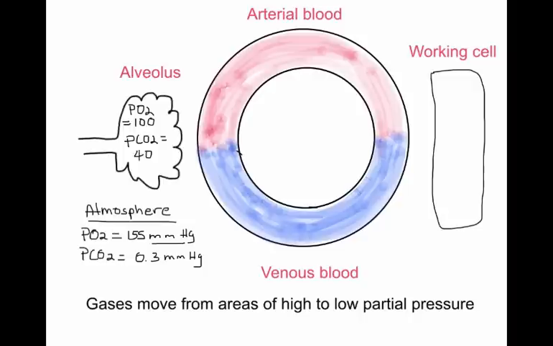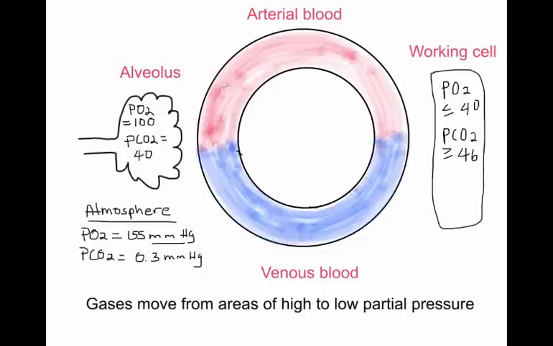But of course, those cells are still working. So typically the partial pressure of oxygen in a cell would be less than or equal to 40 millimeters of mercury. And the partial pressure of CO2 is typically going to be greater than or equal to about 46.